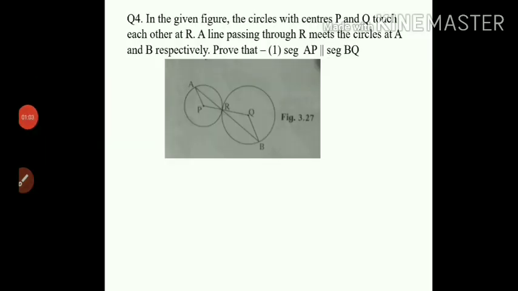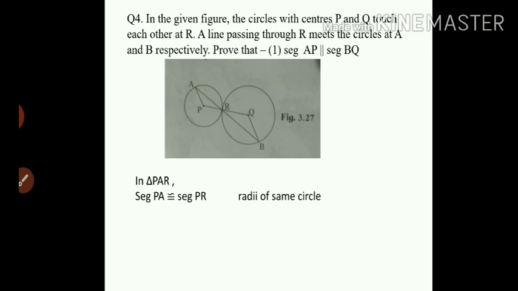Now students, in the diagram, in the smaller circle a triangle is formed, named PAR, and in the bigger circle with center Q, the triangle formed is BQR. First we'll take triangle PAR. We know that PA and PR are both radii of the same circle, so PA is congruent to PR.